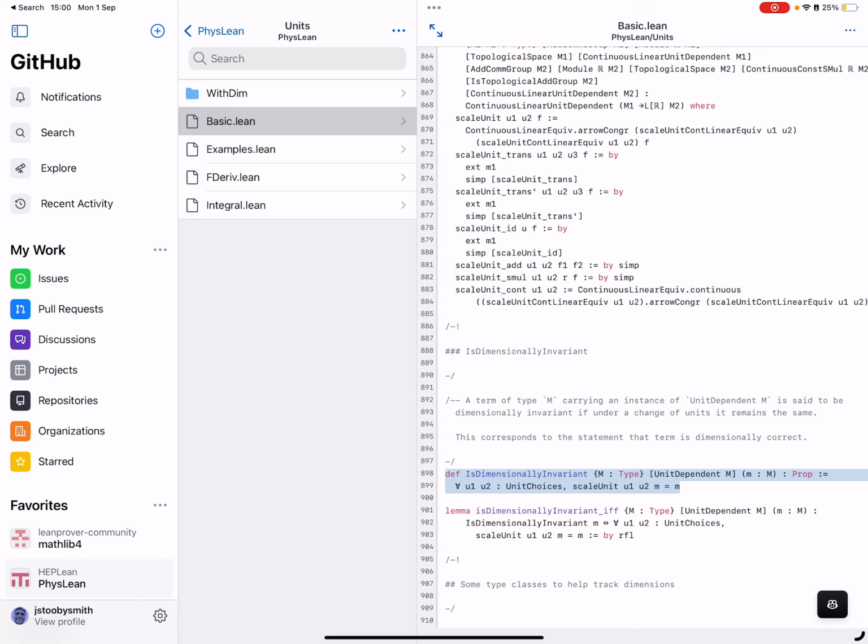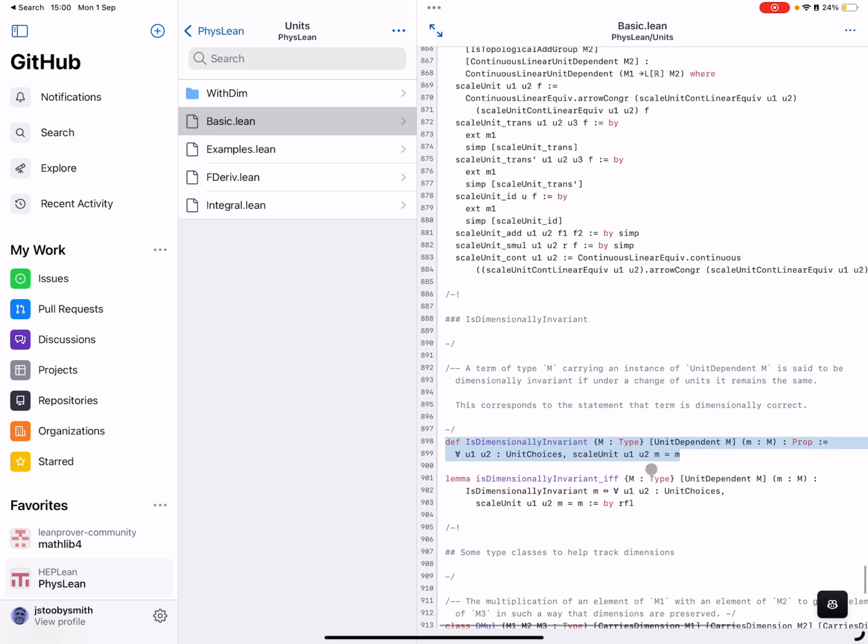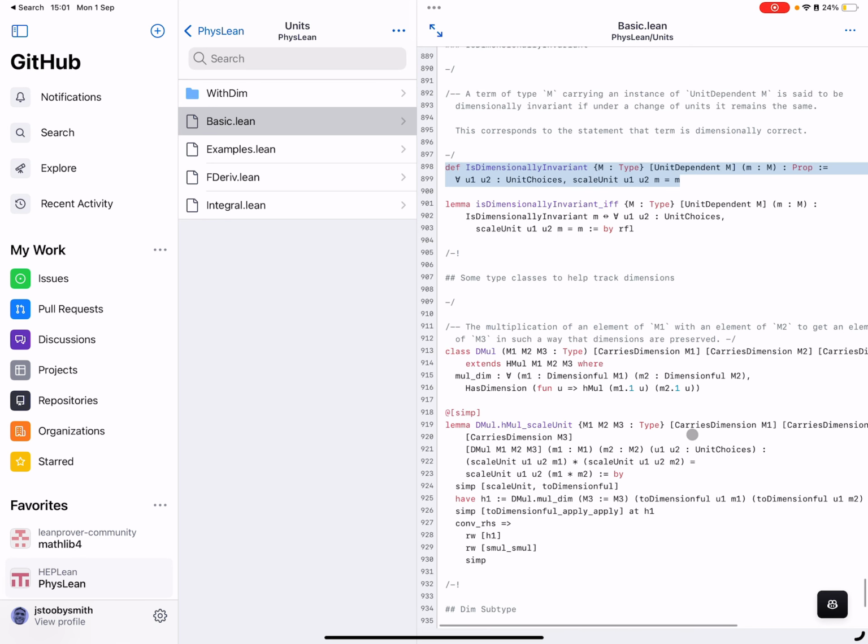And this is something that you have to prove, and you get from that a bunch of theorems that you can use to make statements about theorems or propositions with different units. So we're not just tracking dimensions here, we're proving things have dimensions, and that gives us a lot more versatility. That said, you can define certain classes like this DMul thing, which allow you to more efficiently track dimensions.